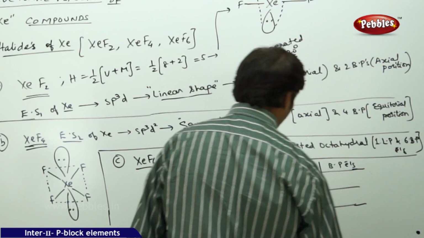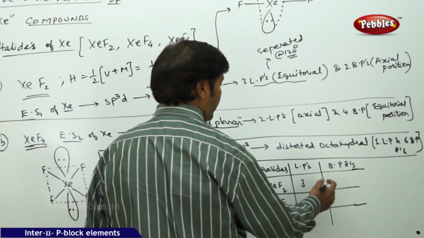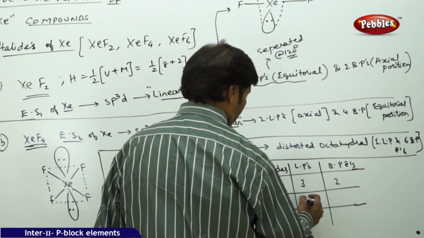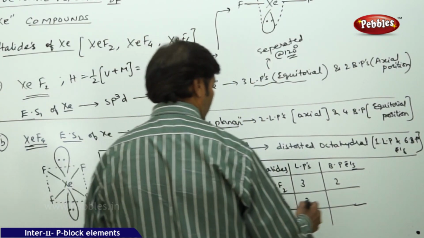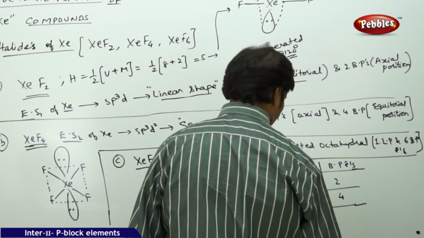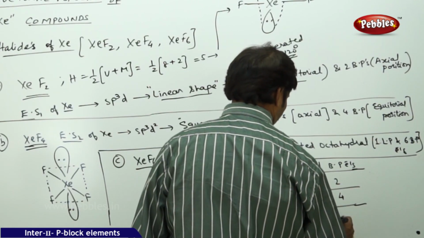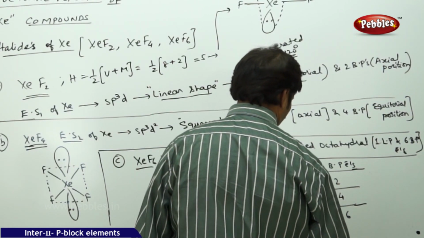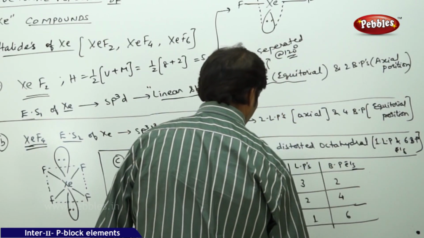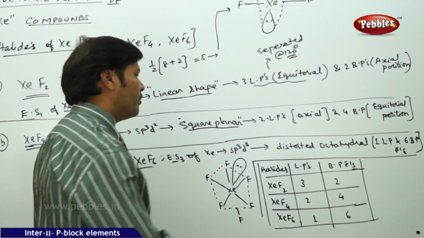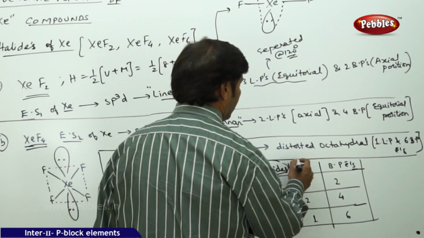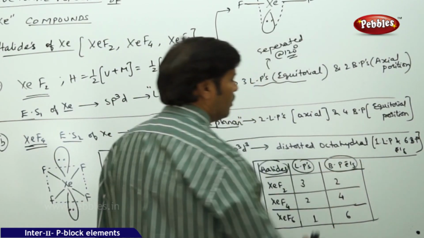You have to keep in mind that XeF2 contains 3 lone pairs and 2 bond pairs, XeF4 has 2 lone pairs and 4 bond pair electrons, and XeF6 has 1 lone pair and 6 bond pair electrons. This is what you have to keep in mind: halides, lone pair electrons, and bond pair electrons.